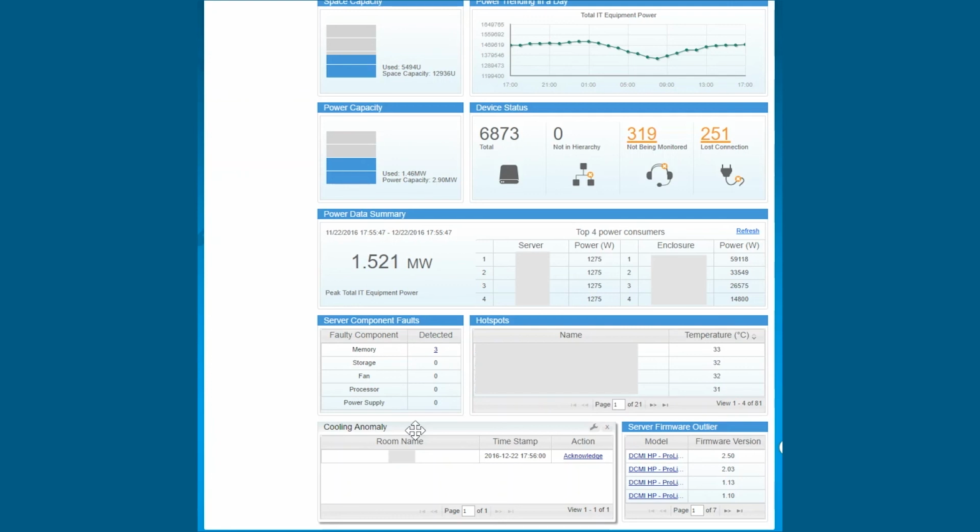For the first 2 weeks Intel DCM is installed, our algorithm will actually learn the thermal profile of every single device in the environment, the thermal profile of every rack, every row, every area in the data center, and every room. And then, after 2 weeks, not only does it continue to learn, but it starts to analyze the data, looking for anomalies on the cooling of the infrastructure.